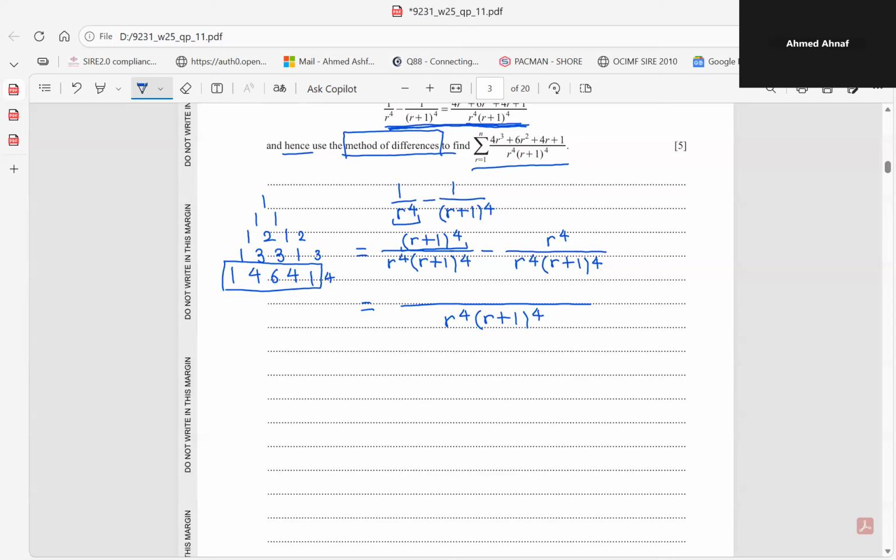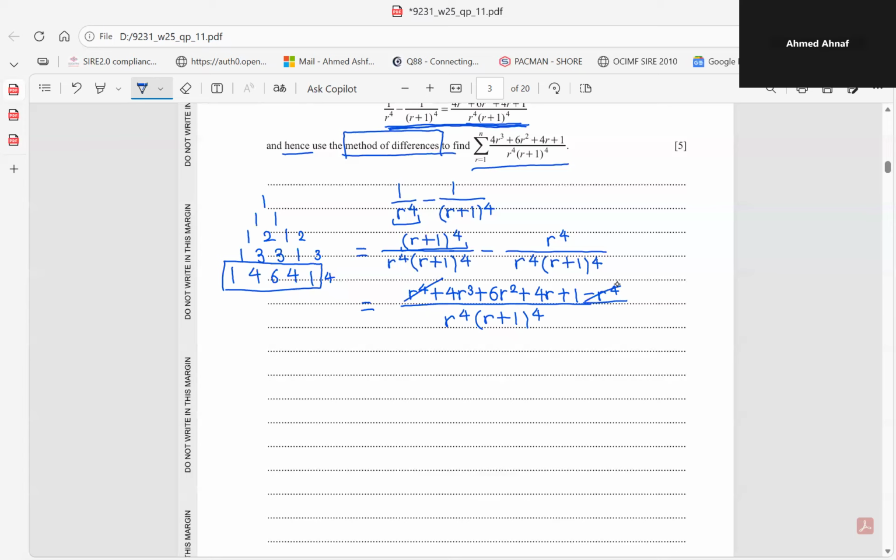Okay, so the first term is going to be r to the power 4 times 1, and then plus 4 times r cubed times 1, so just 4r cubed, plus 6 times r squared times 1 squared, which is just 1, plus 4 times r times 1 cubed, which is just, again, 1, plus 1 times 1 to the power 4, which is also just 1, minus r to the power 4.